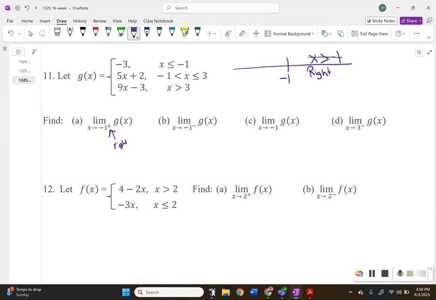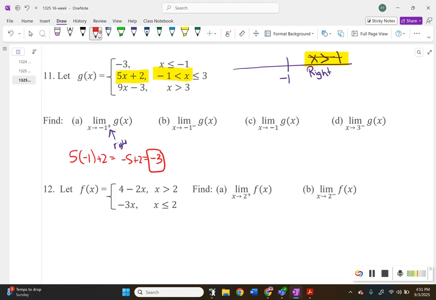So I'm looking for x values greater than -1, and that's going to be right here. So I'm going to plug -1 into this middle equation, and I get 5 times -1 plus 2, which is -5 plus 2, which is -3.